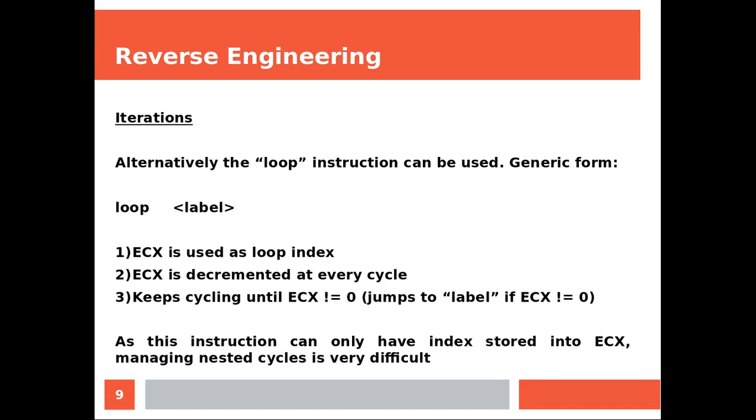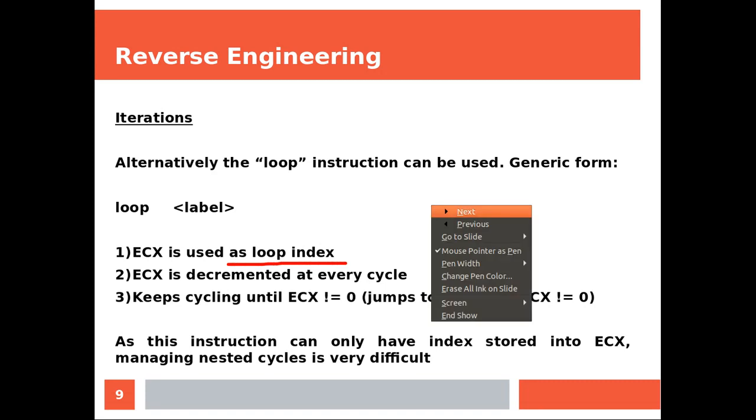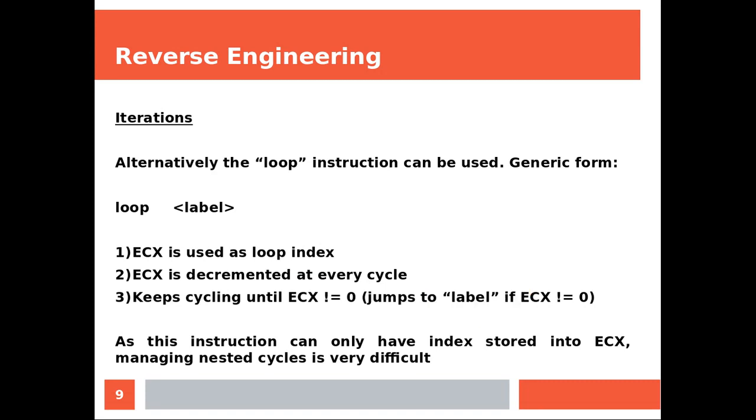And all of them are going to be working using the ECX, RCX, or CX register, which is used as a loop index. Now, this register is decremented at every cycle, and loop is going to keep cycling until ECX, CX, or RCX is 0, which means it jumps to the label if the register is different than 0, right?